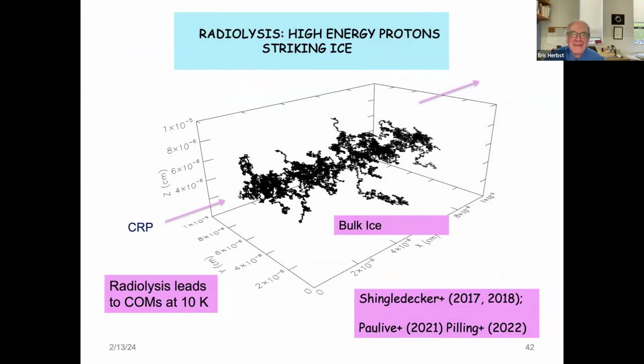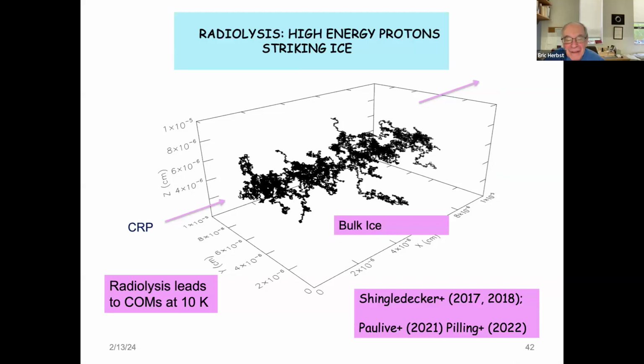Here is a picture of radiolysis. Cosmic ray protons smashing into the surface; this is actually theory. It's a very complicated theory to try to show this, as you could guess. But as the cosmic rays go through and make ions and neutrals, and break them up, then one gets secondary reactions.